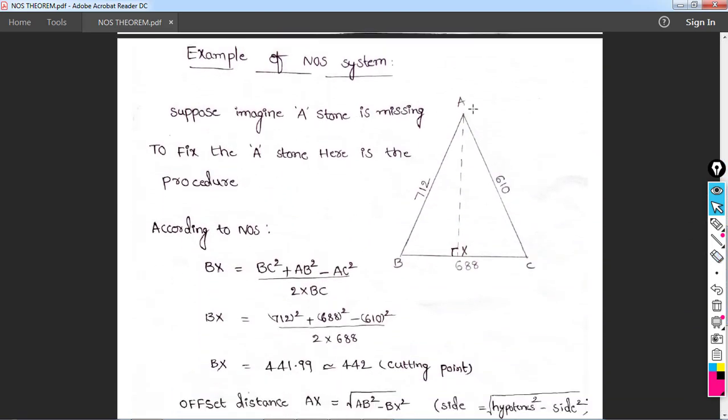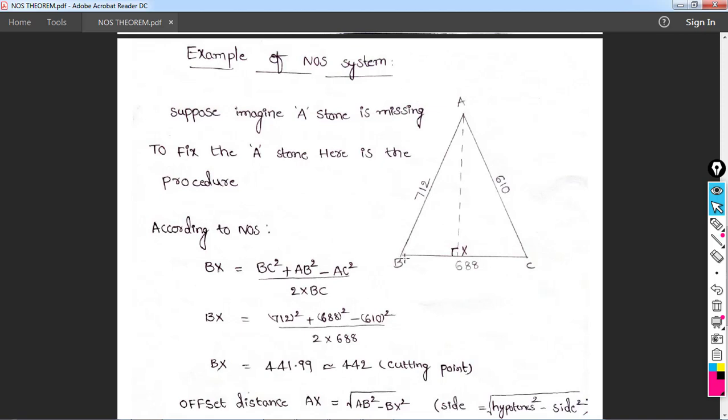Suppose, imagine that at point A the stone is missing. How can we fix the A stone with the help of the NOS system? According to NOS, this distance is known, this distance is known, and this AC distance is known, but we need to fix this A. So by using the NOS system we want to know the BX distance.